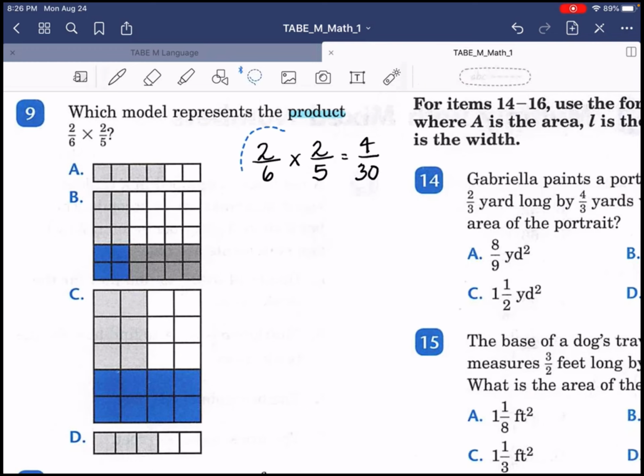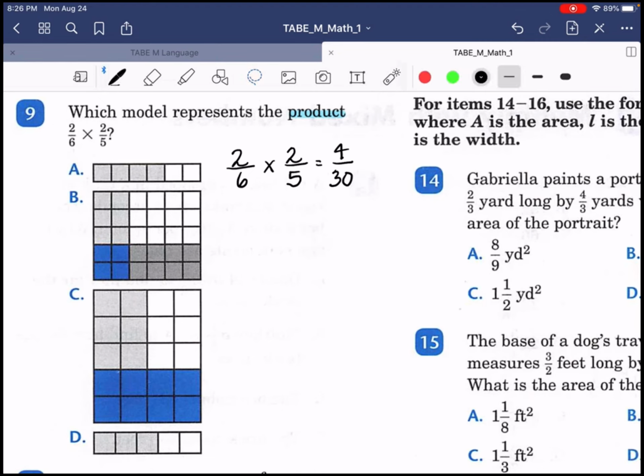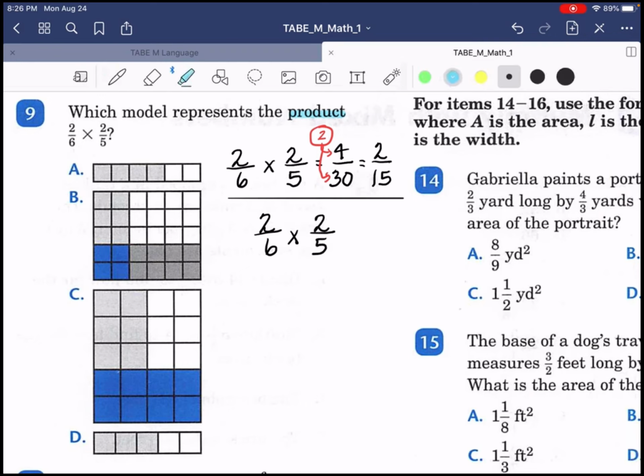The answer is 4/30, which will help us. And reduced by 2 is going to give us 2 over 15. I suspect I'm going to do it with canceling because it will be able to cancel.